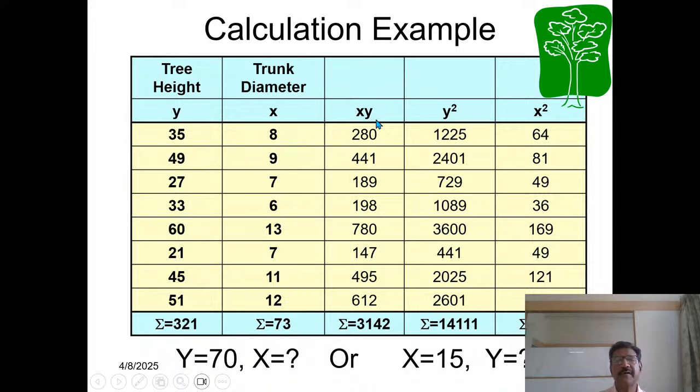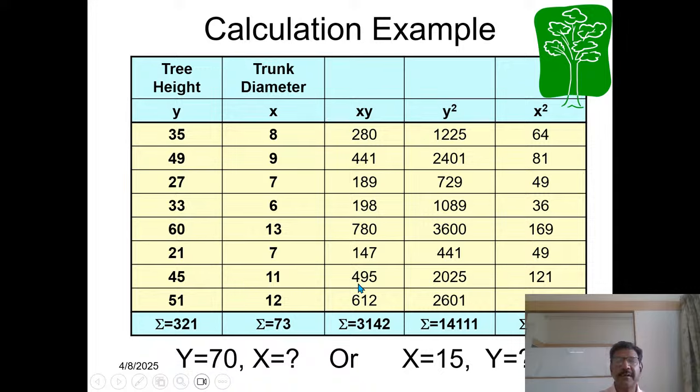You have to take the next columns, xy and x square, y square. Summations are also required in the formula: summation of x, summation of y, summation of x square, summation of y square. You have to calculate this table.